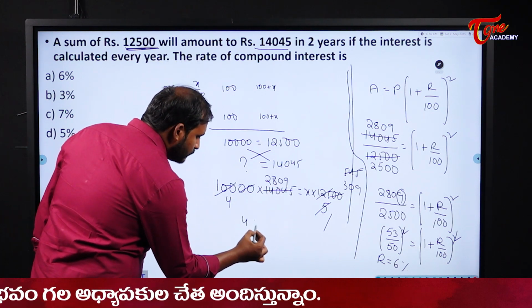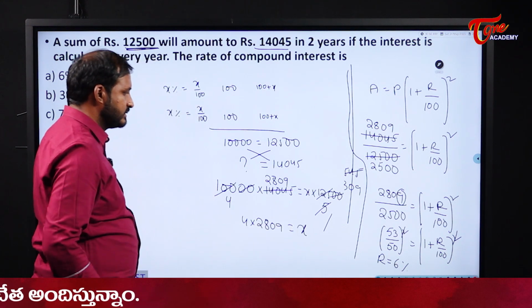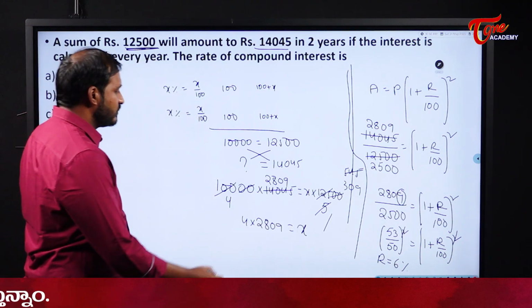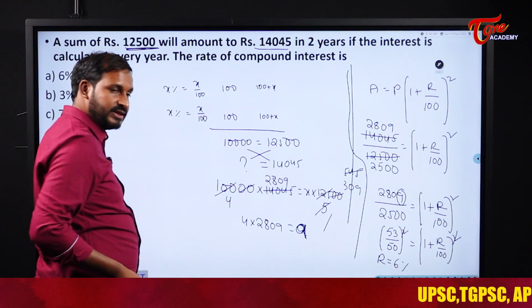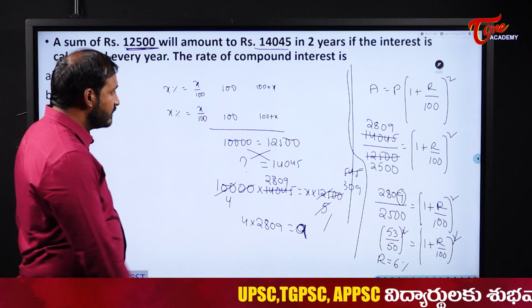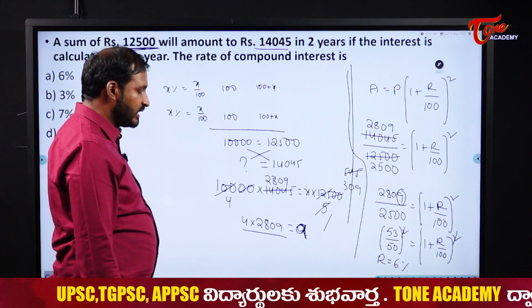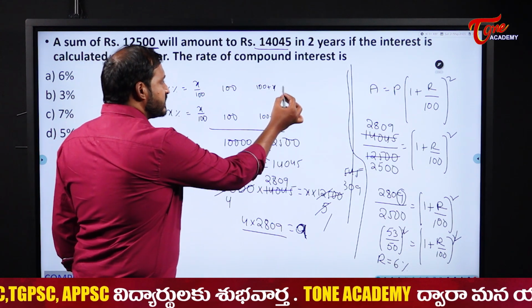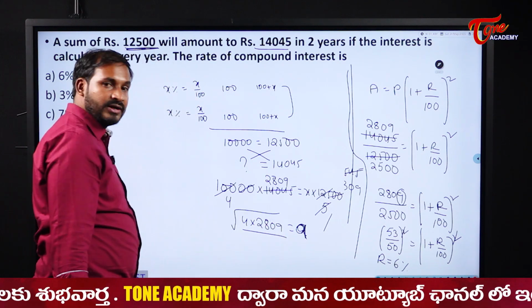So 4 into 2809 is equal to what? Here we will take a, not x. Why? Because if I take x once again, you may confuse it with this one. So what will the a value become? 4 into 2809.